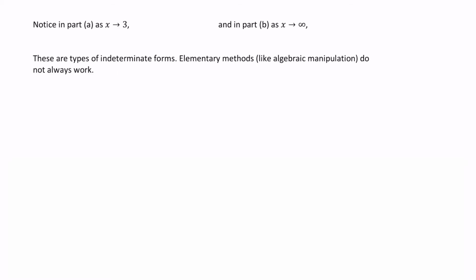All right, now let's discuss what we just did. Notice in part A, as x approached 3, both the numerator and the denominator approached 0. In our numerator, we had x squared minus 9, and that was approaching 0. We also had x minus 3 in our denominator, and that was approaching 0.